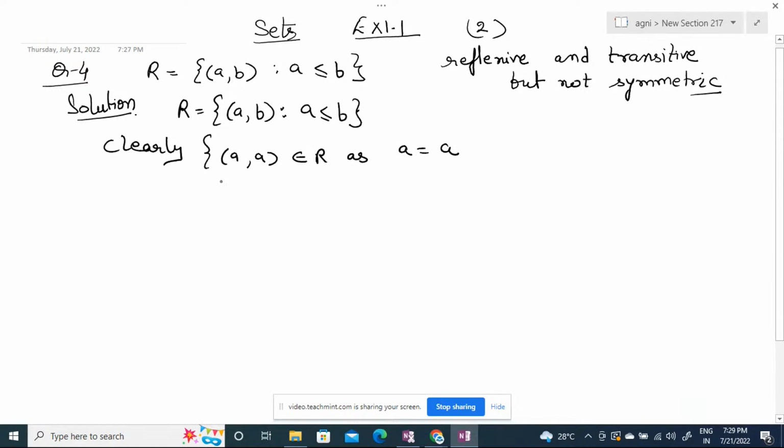That means if we take any value, for example 1 and 1, that means for a we can take 1, for b we can take 1. Then value of a is equal to b, that is 1 is equal to 1. So it clearly satisfies the condition of the reflexive nature. So we can say that R is reflexive.